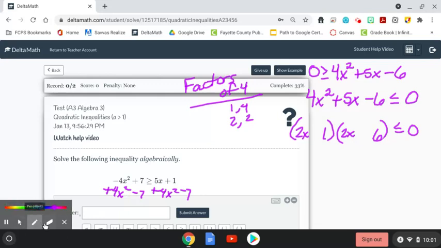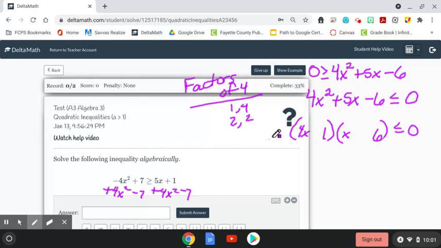Okay, so then let's try changing this to a 4x and a 1x. 4x and x, that would be 1x, and 24 is not 5.